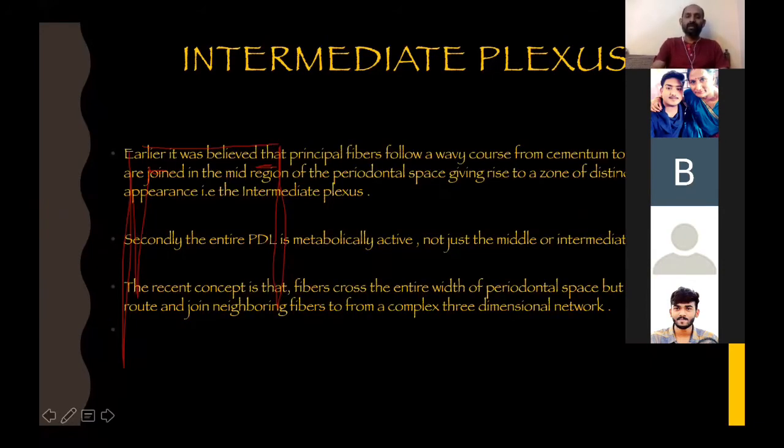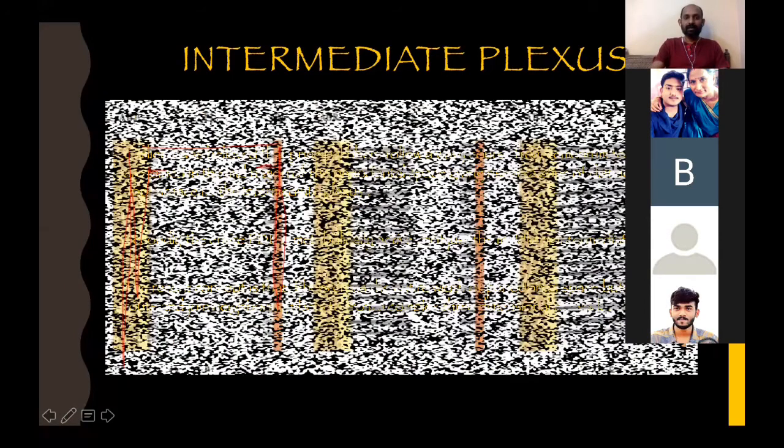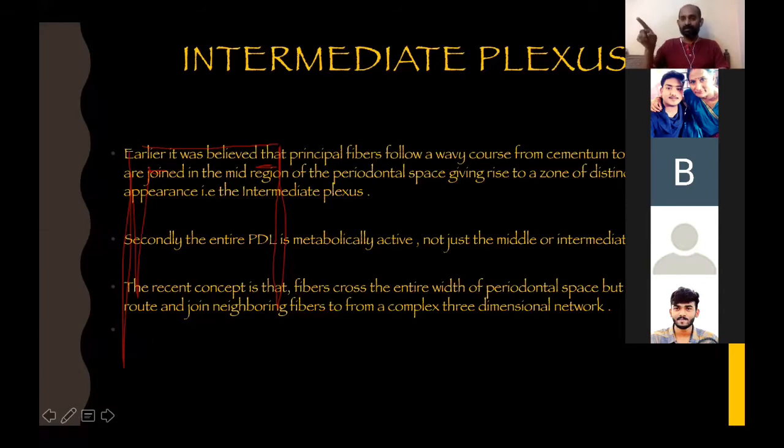So initially, in the earlier days, it was thought that the principal fibers, that is the periodontal ligament fibers, have a wavy course, and when they join in the middle they form a plexus called the intermediate plexus, and they thought this area of the plexus was the area of highest metabolic activity.